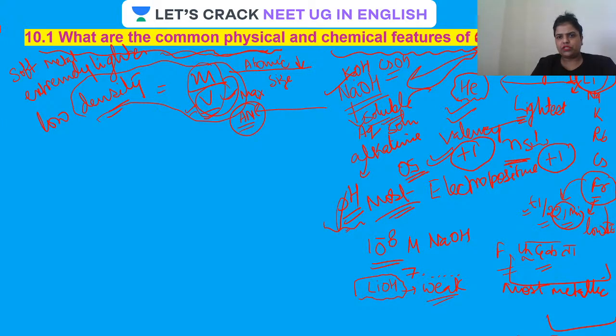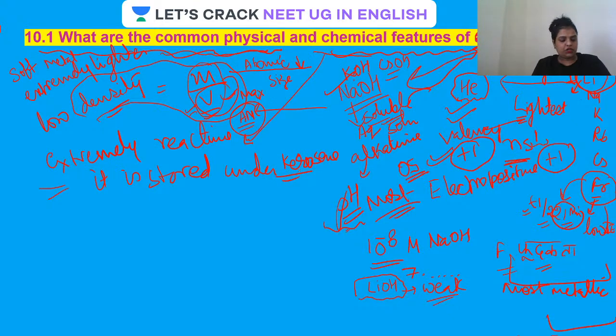Now guys, coming to the chemical features. These are extremely reactive. What will happen if you keep a solid lump of sodium? It is going to react with atmospheric moisture, and it is going to catch fire. Therefore it is stored under kerosene, so that it does not come in direct contact with moisture or air.